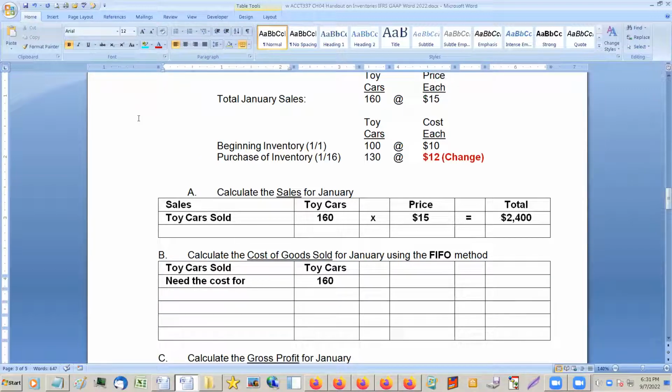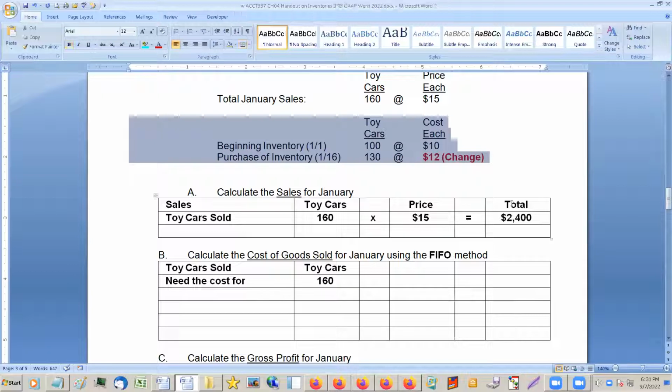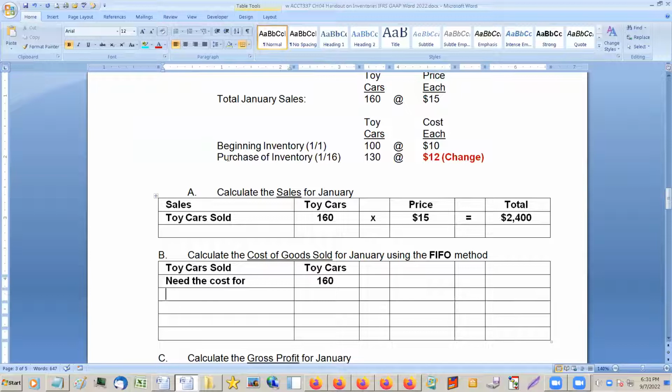Coming down here to our inventory, this is what we paid for them. Which ones were in first? The 1-1 or the 1-16? 1-1, yep. So we're going to first go to our beginning inventory and take those. We got 100 of those. The cost is $10 each, so $1,000.